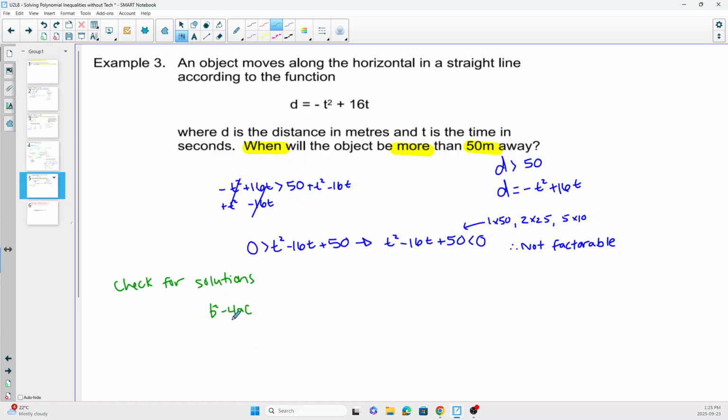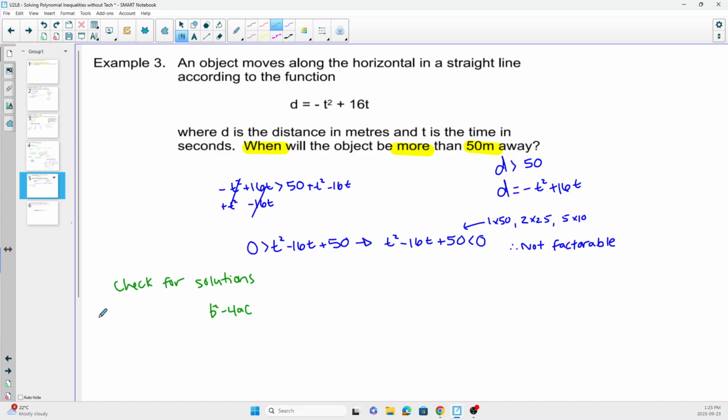Because it's under the square root, if this works out to be a negative, then it's not possible. There are no solutions to this quadratic. If it works out to be exactly 0, then there's only one solution, because the square root of 0 is just going to be 0. Whether we add 0 to something or subtract 0, we'll see more why that matters. And if it works out to any number greater than 0, then there's two solutions.